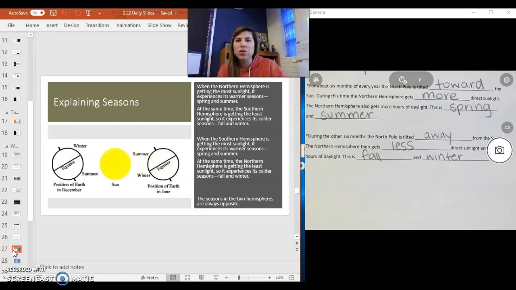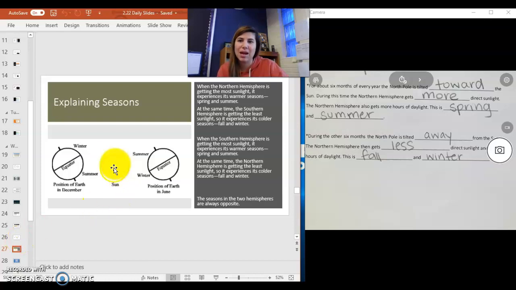So again, when the northern hemisphere is getting the most sunlight, it experiences the warmer seasons, which are spring and summer. At the same time, though, the southern hemisphere is getting less sunlight, so it's experiencing the colder seasons, fall and winter.